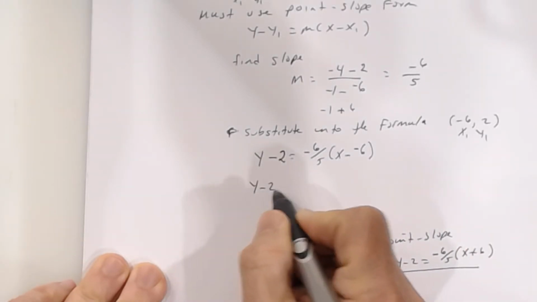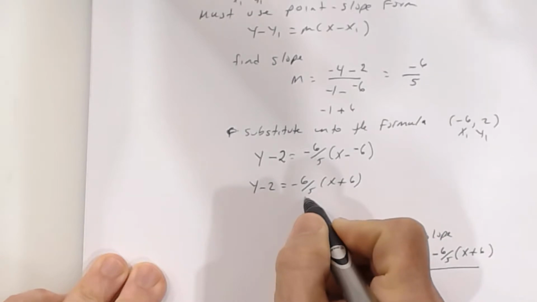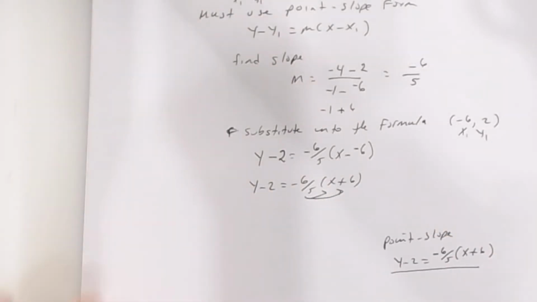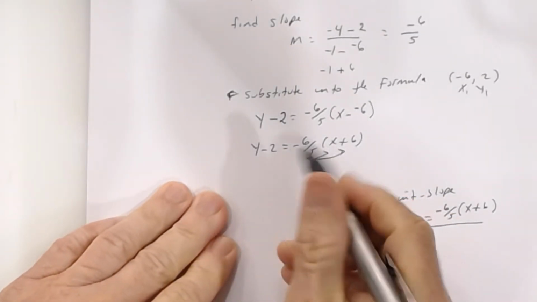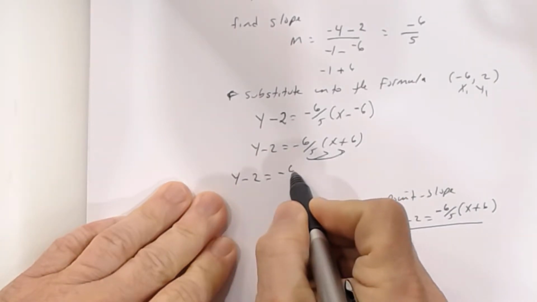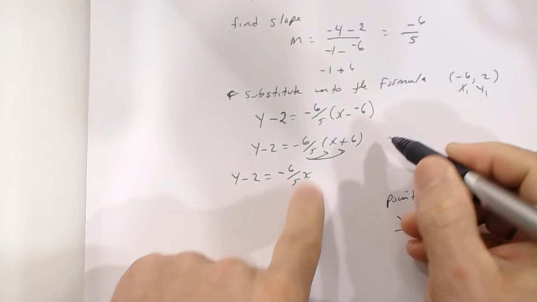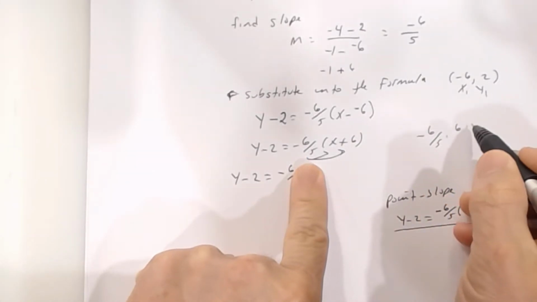So y minus 2 equals negative 6 fifths times x plus 6. Now distribute. Now you may need your calculator at this point. It's not as easy as the previous one. So if I distribute, I get y minus 2 equals negative 6 fifths x. All right, now what's a negative 6 fifths times 6?